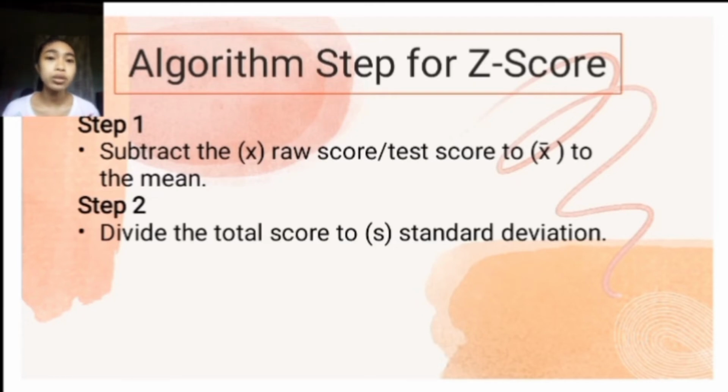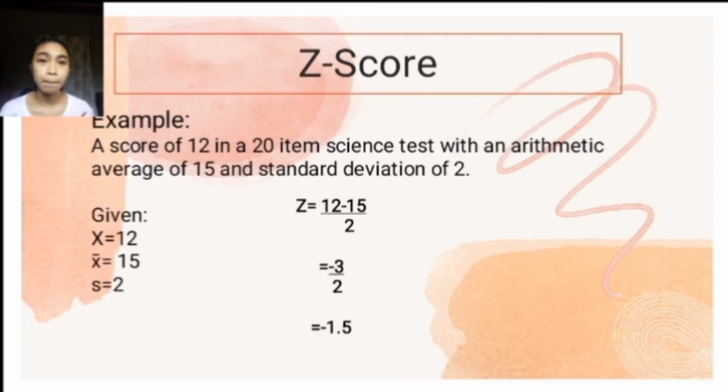Now let's move on to the algorithm steps for the z-score. These are the steps on how we get the z-score. First, we subtract the mean from the raw score, then divide by the standard deviation. Here we have an example: a score of 12 in a 20-item science test with an arithmetic average of 15 and a standard deviation of 2. The given is our raw score of 12, our mean of 15, and our standard deviation of 2.